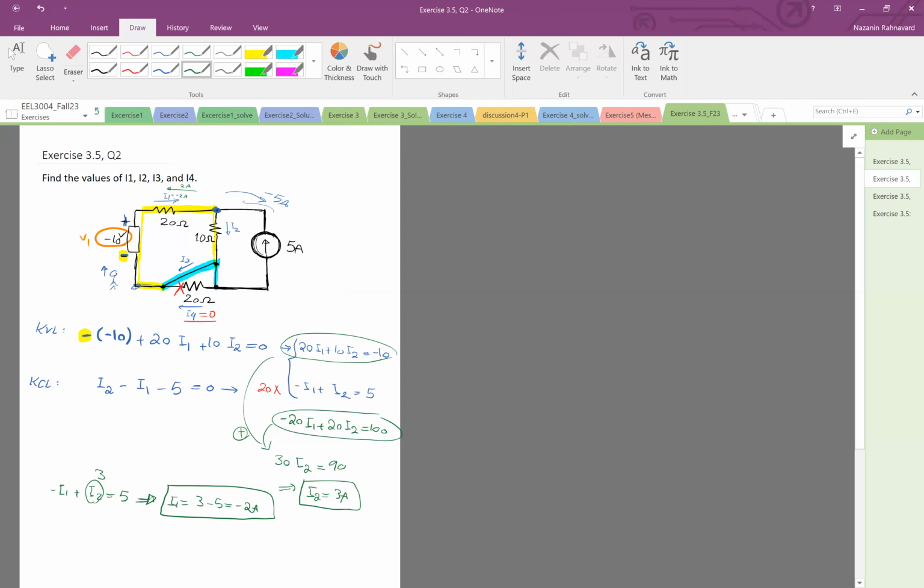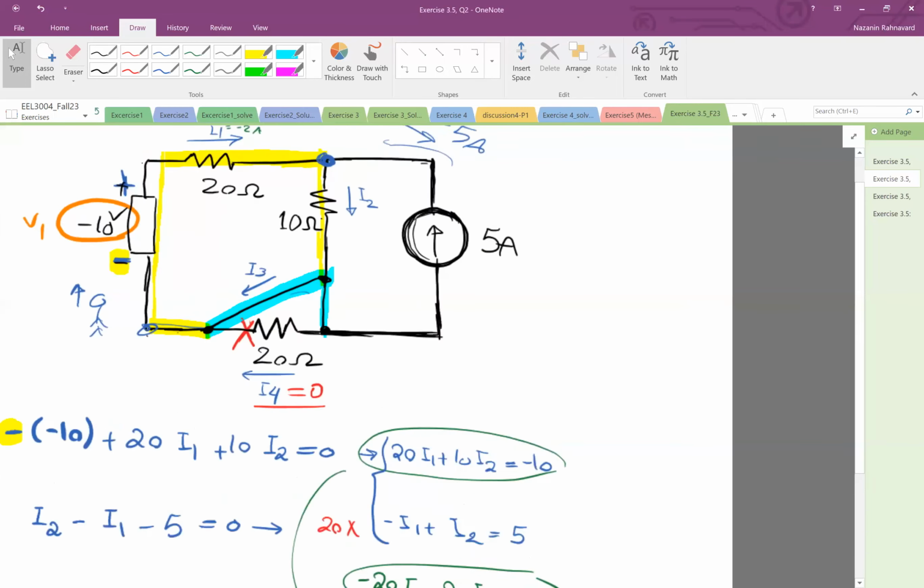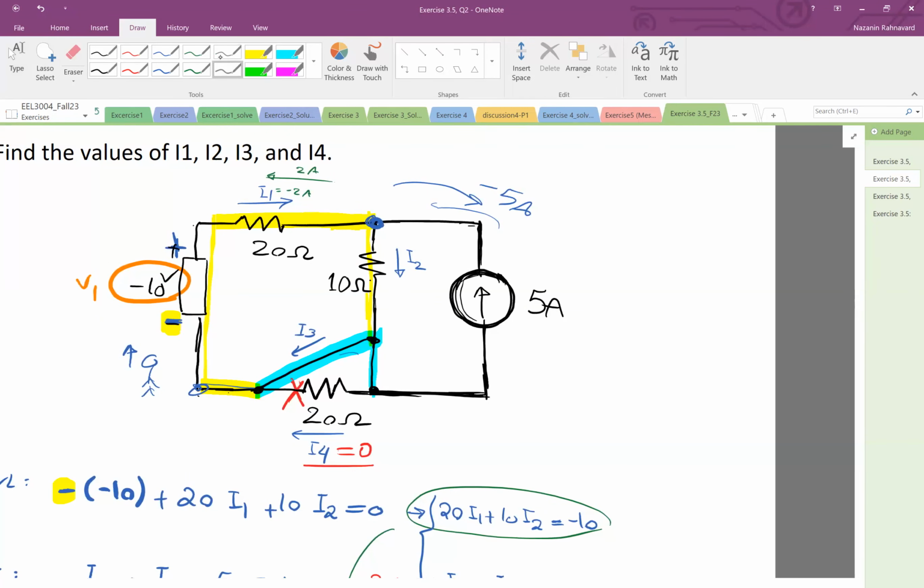Now, the other part, which is I3. So what is I3? That's also an interesting part of the problem. To find I3, again, remember this 20 ohm resistor is just disconnected. The I3 current comes here and continues to this element. So if you look, I3 is nothing but I1.